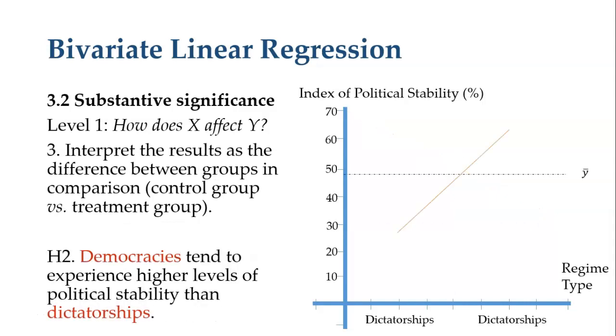So let's say, for instance, that we have a second hypothesis. We say that democracies tend to experience higher levels of political stability than dictatorships. So democracy is going to have the value of 1 and dictatorship is going to have the value of 0, right? And in this case, we interpret the results as the difference between two groups or two states of the world, okay?